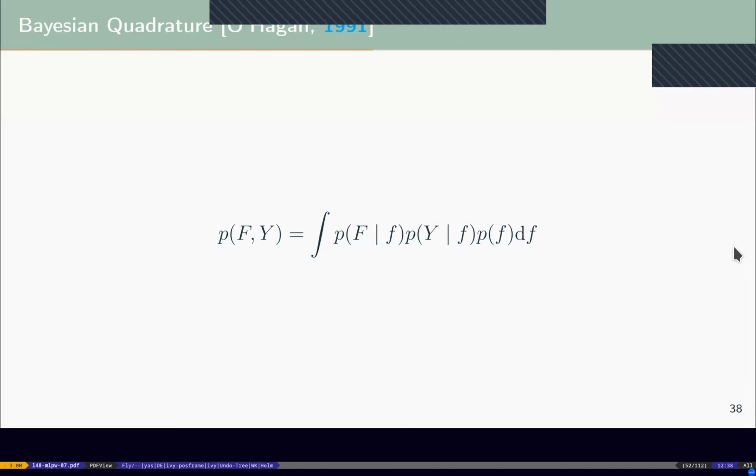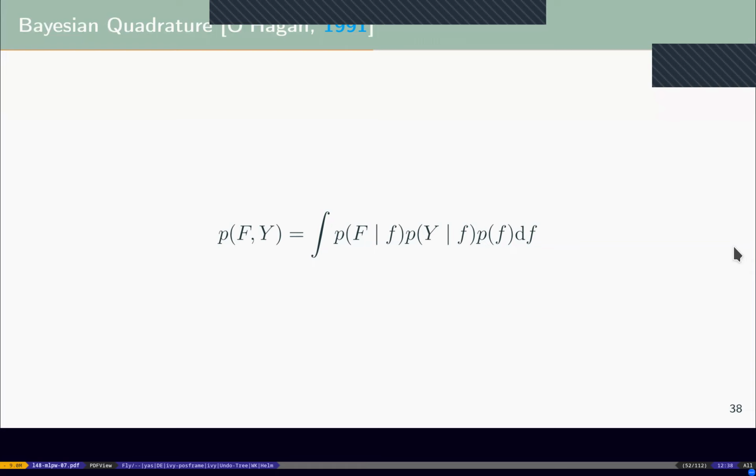So what Tony is saying is this. I want the joint distribution of the integral and the observed values of the function y. So I'm going to incorporate the knowledge that I have of the function in a distribution here.